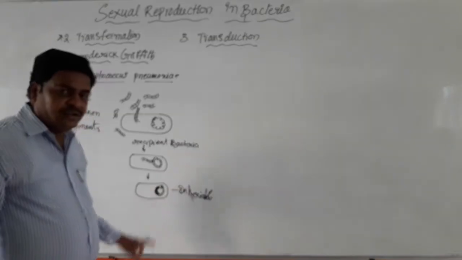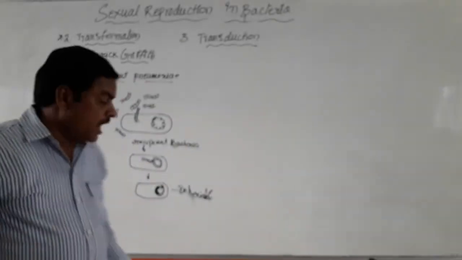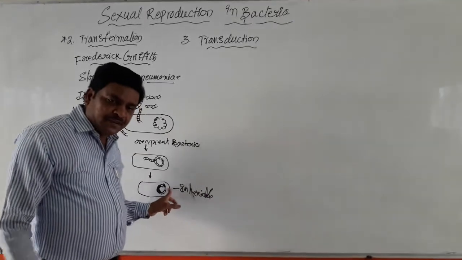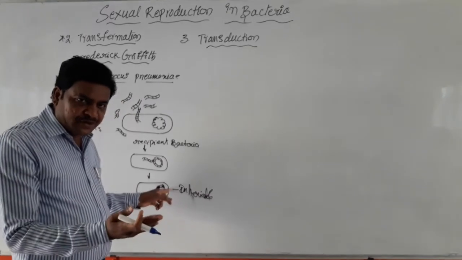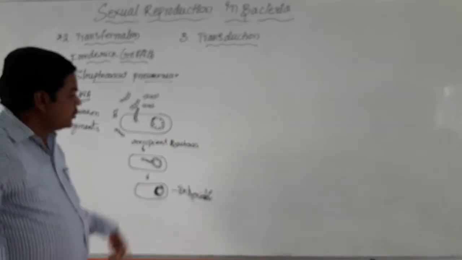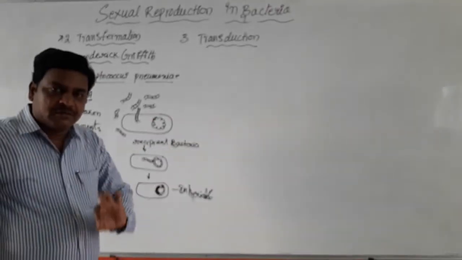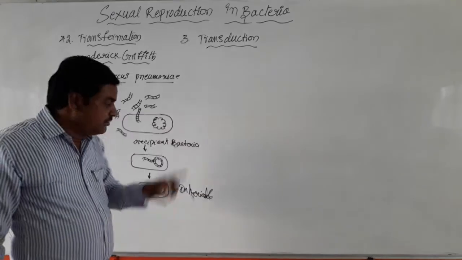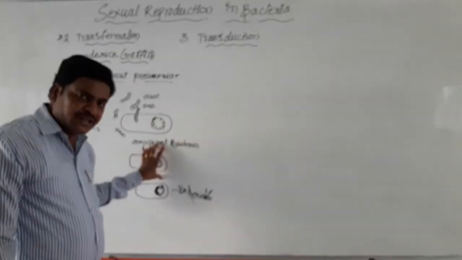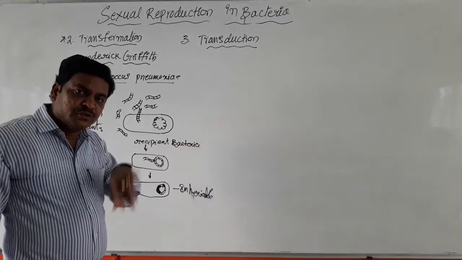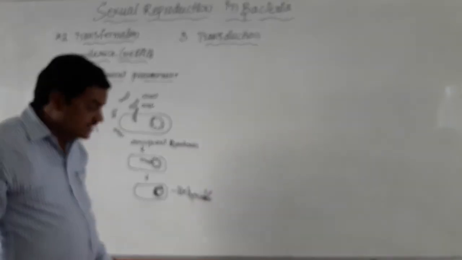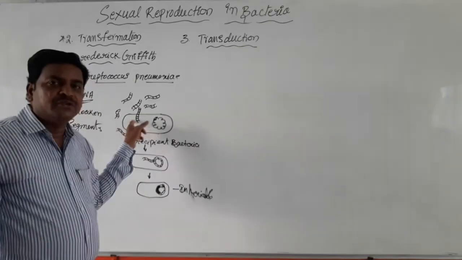Now this DNA is also multiplied along with the bacterial DNA, and it is also continued from one generation to the next generation. In this way, due to the incorporation of some extra segments of DNA, meaning some extra genes, the recipients also express some new characters which are expressed by the sequence of new DNA.